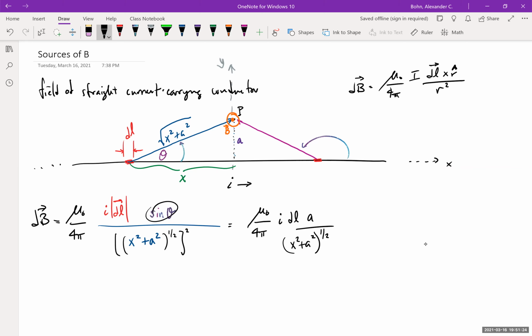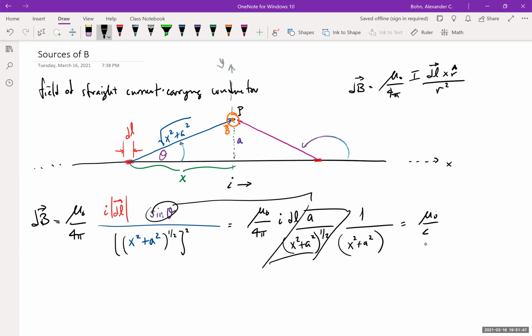That's sine theta. And then we still need to divide by x squared plus a squared itself. Okay. Thing to the 3/2.